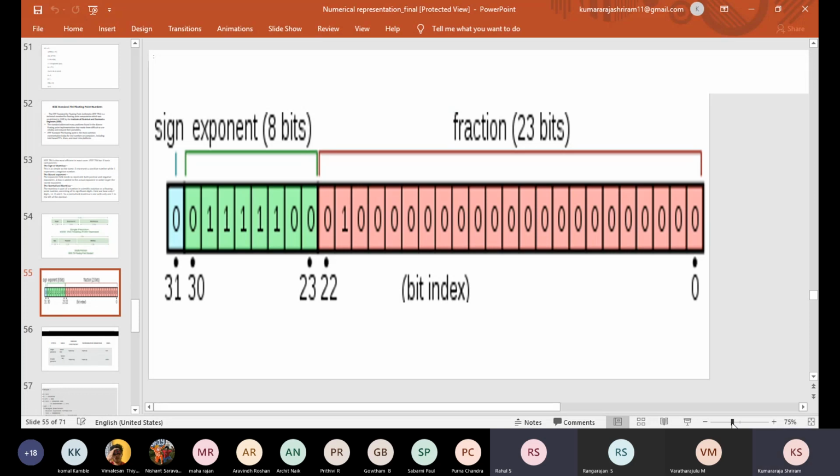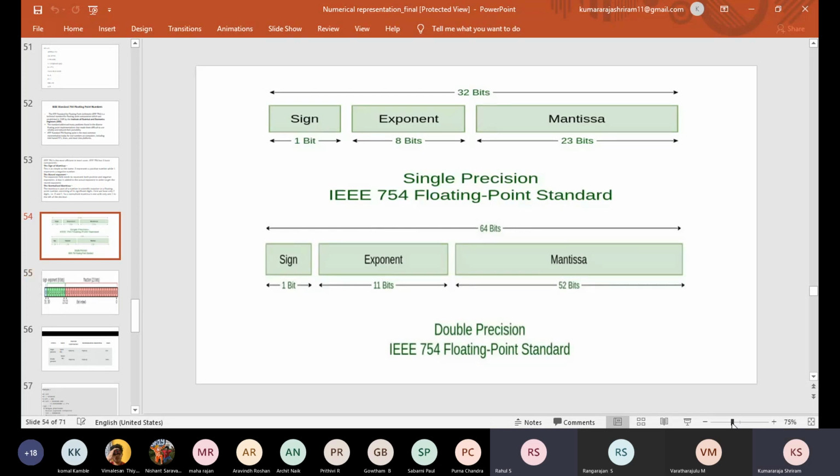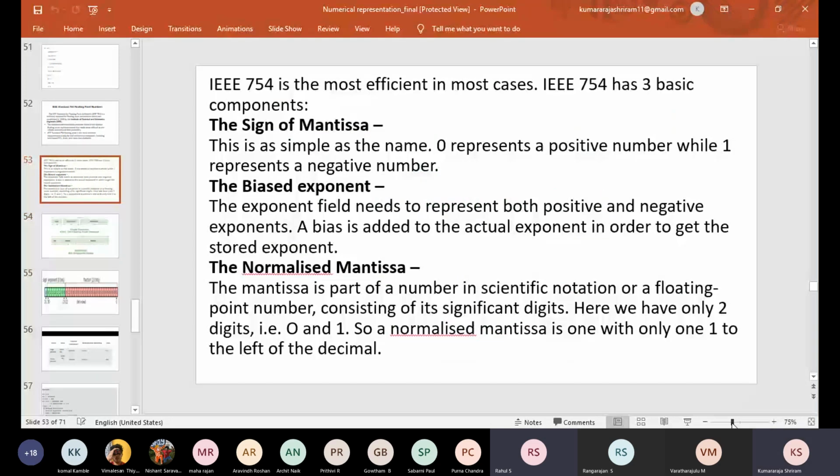Let me explain what the sign, exponent, and mantissa are. The sign, as its name tells you, is 0 for a positive number and 1 for a negative number.